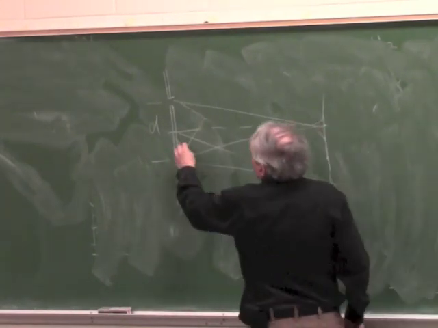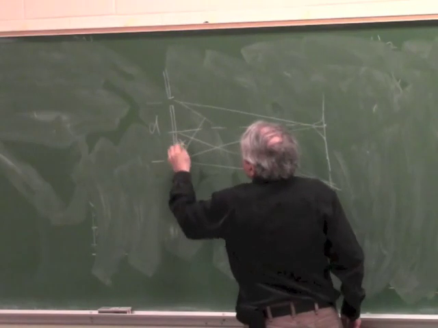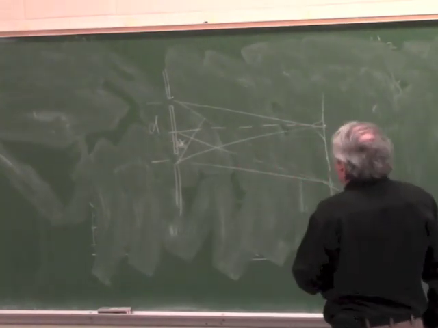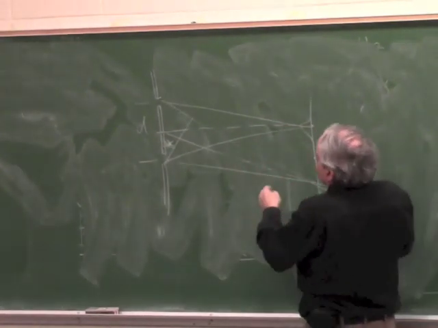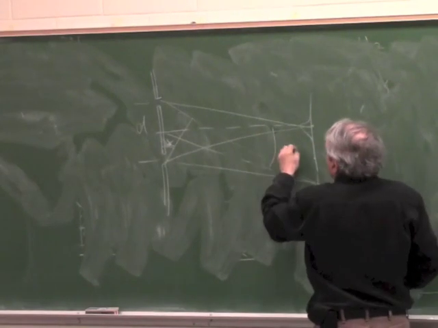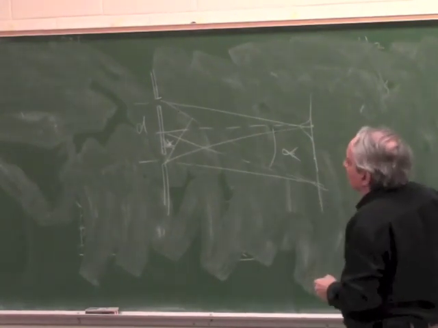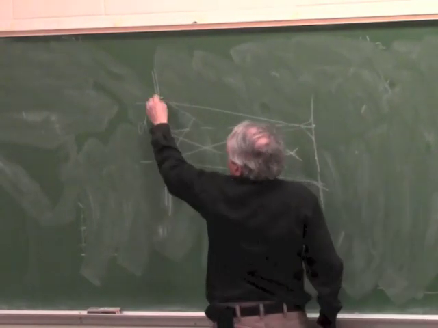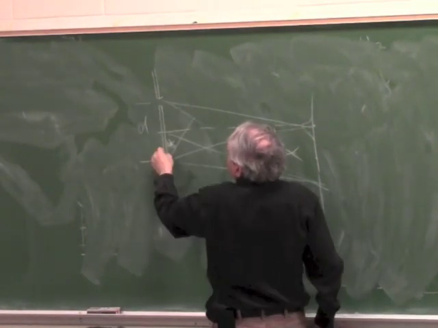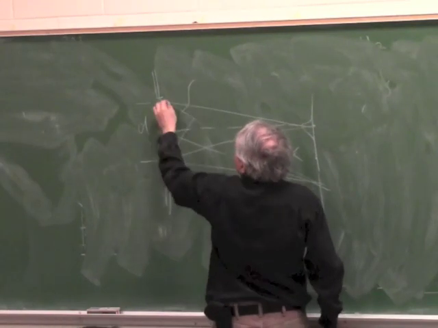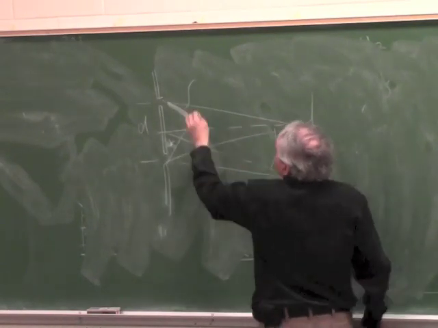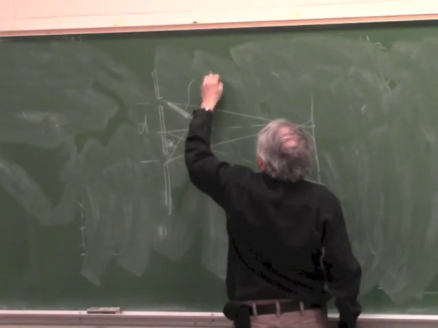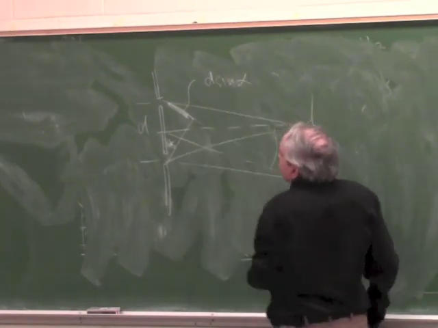So this angle alpha is equal to this angle alpha. The path difference, if this is d, this little thing, is d sine alpha.